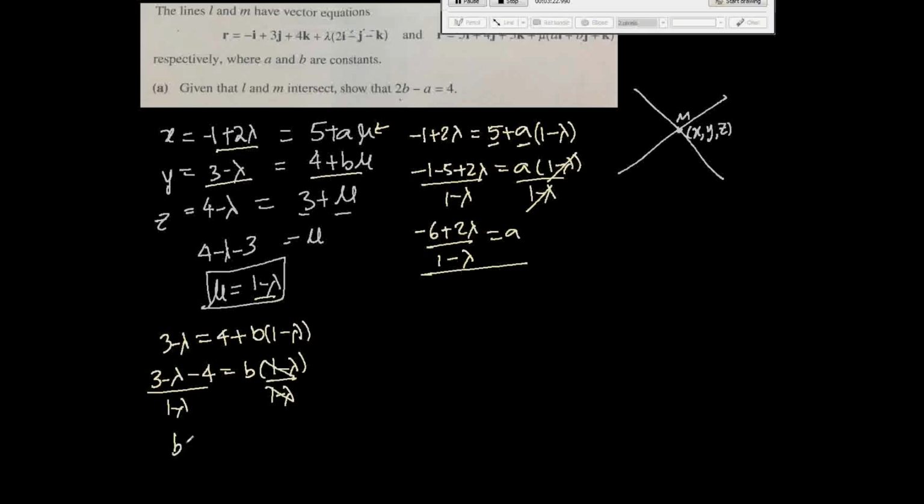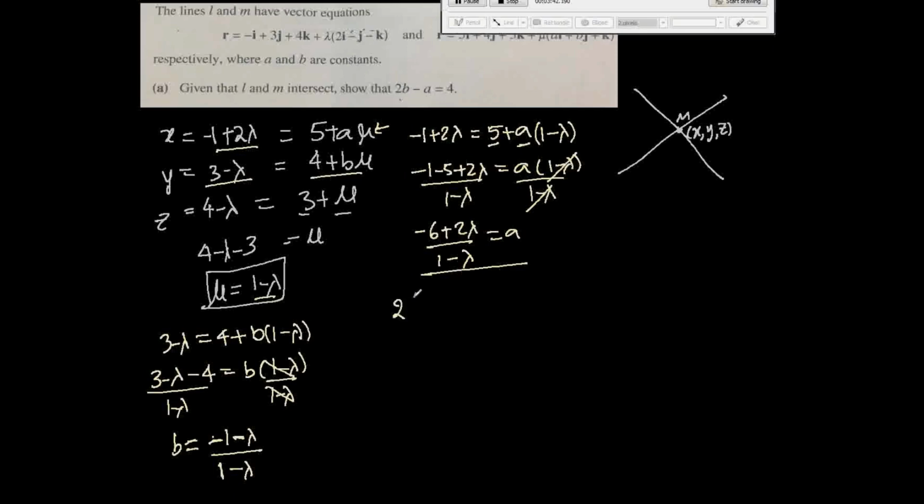So b comes out to be 3 minus 4, which is minus 1, minus lambda over 1 minus lambda. Please never cancel this out. They are totally different. Here minus 1 has a minus, here 1 does not have a minus. So this is b.